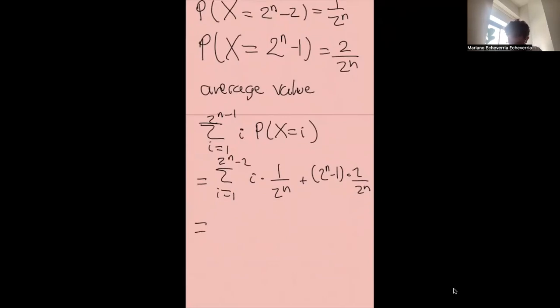So that gives you the sum from i equals 1 to 2 to the n minus 2 of i/2 to the n plus, you can write it as 2 to the n over 2 to the n, minus 1.